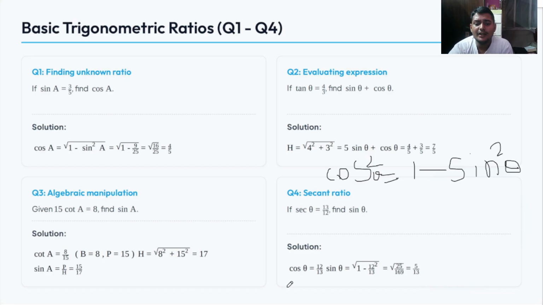So putting it over here, we know cos theta is 12 by 13, and we have to find the sine theta.